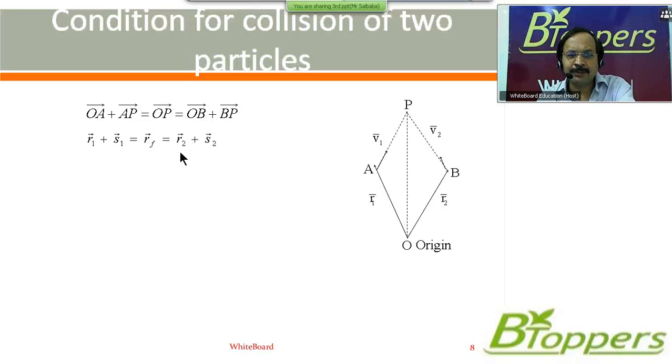The directed line segment BP bar gives you the displacement of the second particle, denoted by S2 bar. So if each particle moves with constant velocity, then you can write S1 bar equal to V1 bar into delta t on the left hand side. On the right hand side, you can write S2 bar equal to V2 bar into delta t.